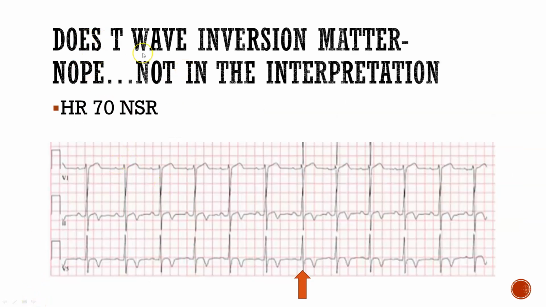Okay. Let's look at this. I've marked off what our 6-second strip is here by the big arrow, and I want you to understand that this is the exact same client. The only thing that is different here is the lead. This is lead 6, this is lead 2, and I can't read B5, right? So it's the same heartbeat.